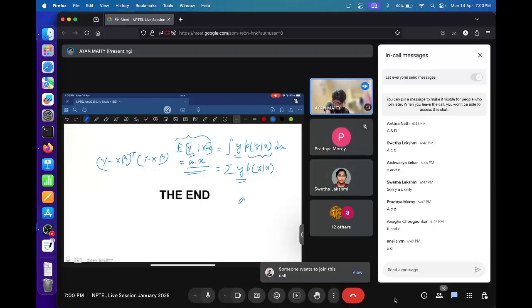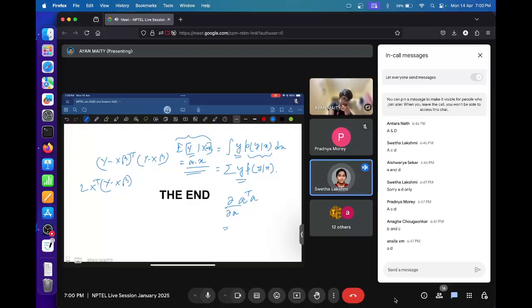It is minus 2 into x transpose into y minus x beta. The x transpose would be in the front only. So, 2x transpose into y minus x beta. Correct.